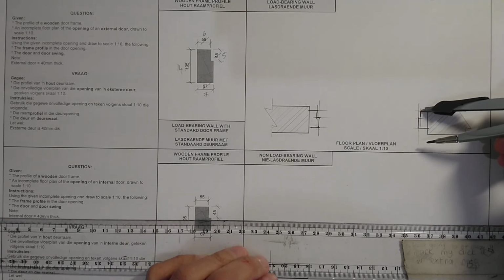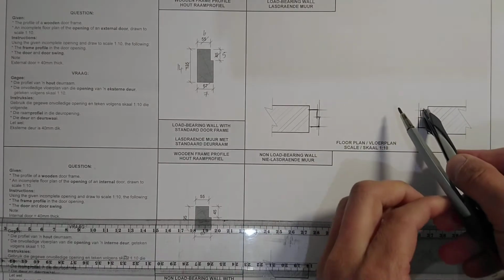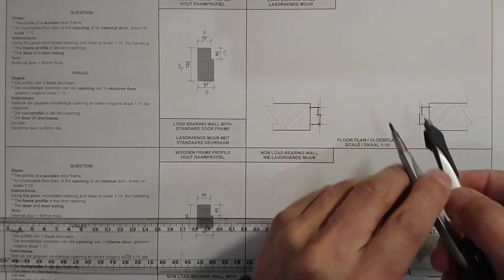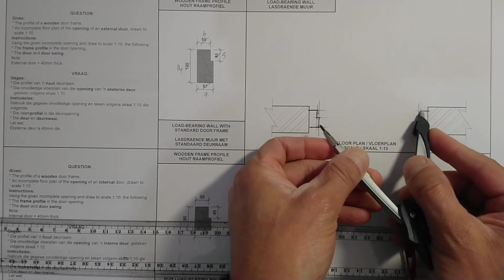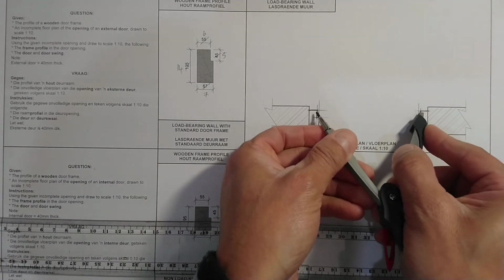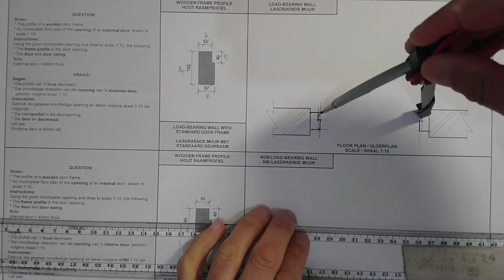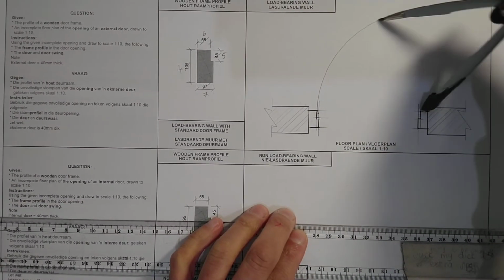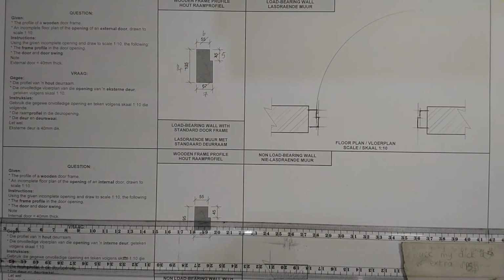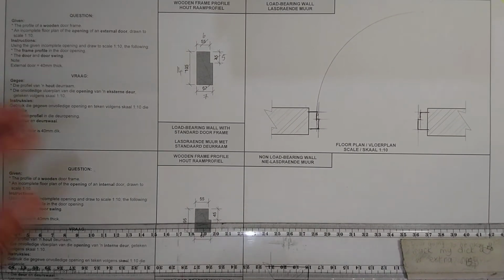Look where I have it, on the edge of that frame, and you're going to open up your compass quite wide till there. Right, so make sure you have it there till there, and then lock it, and you do a nice swing like that there. Okay, I just want to make sure you have it all in picture.